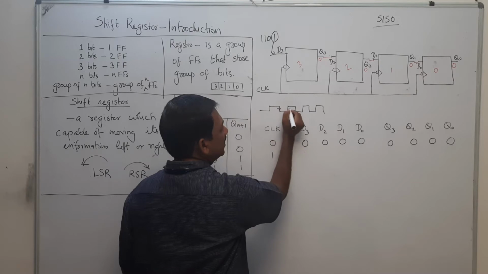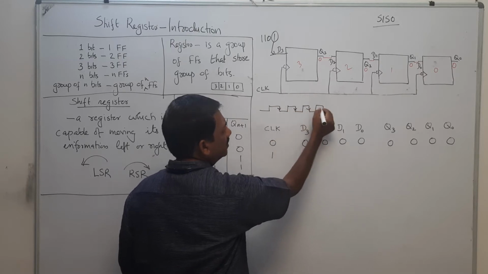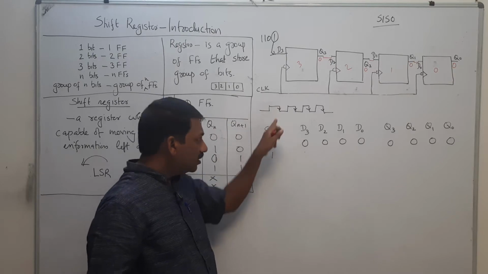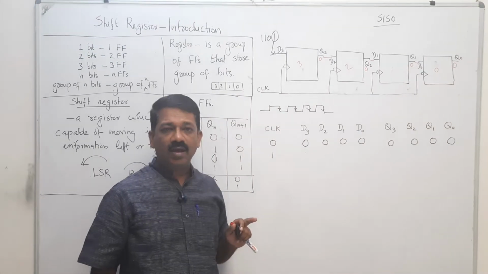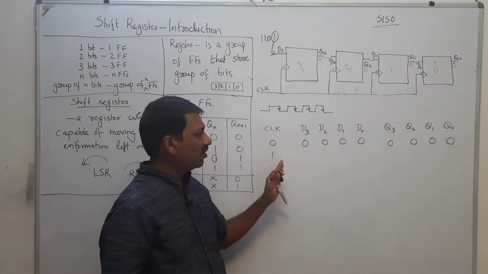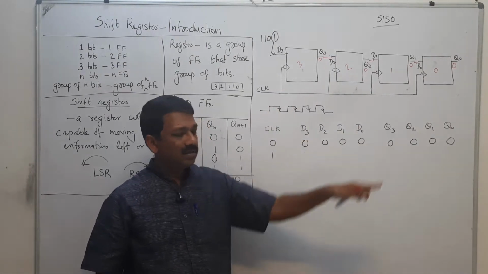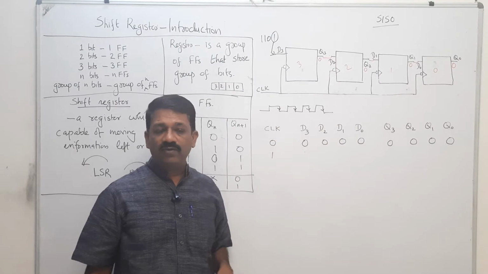This is the negative edge trigger, and whenever this negative edge triggering happens, depending on the value of D, the output of that flip flop will be set.